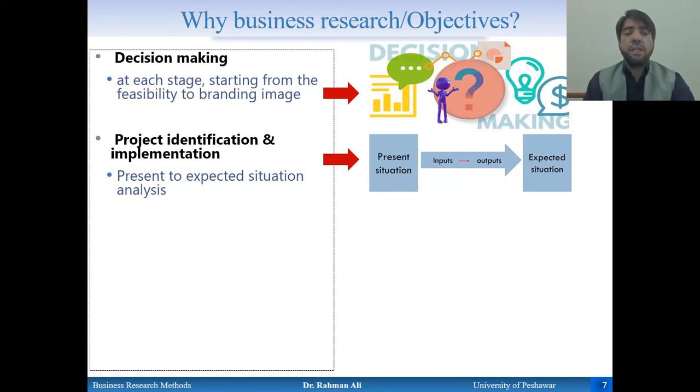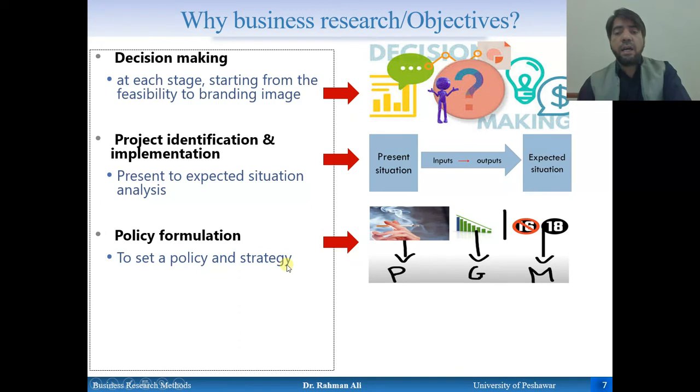If you are not keeping your business under continuous research, you cannot find new projects, you cannot go for new products, you cannot develop new ideas, and you cannot materialize those ideas into real implementation in the form of products or services of your business.